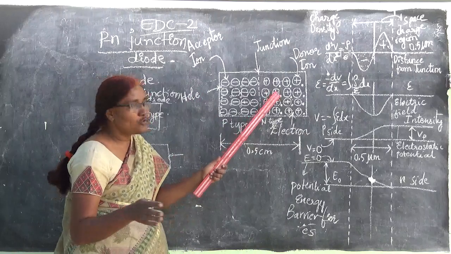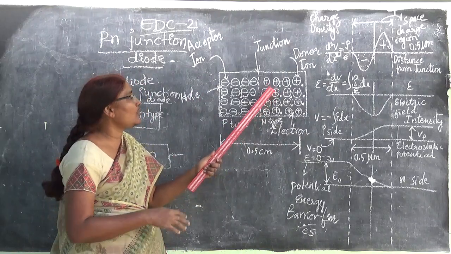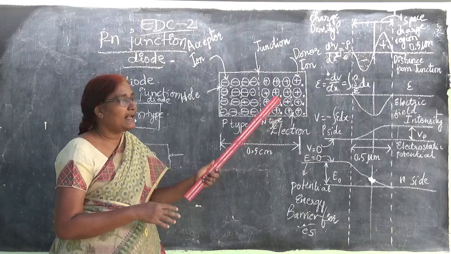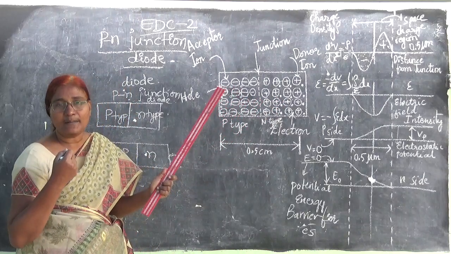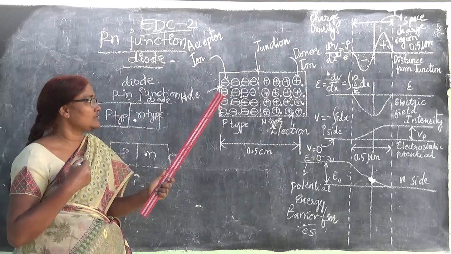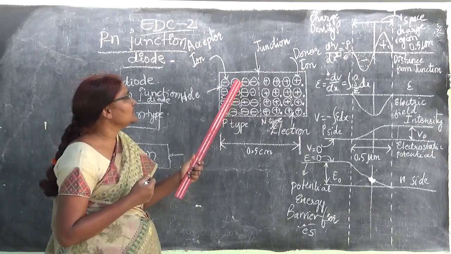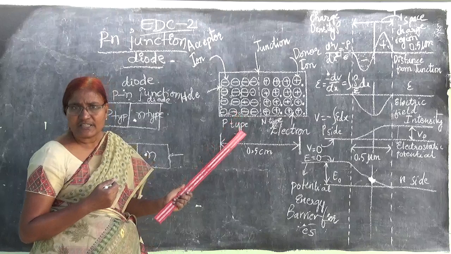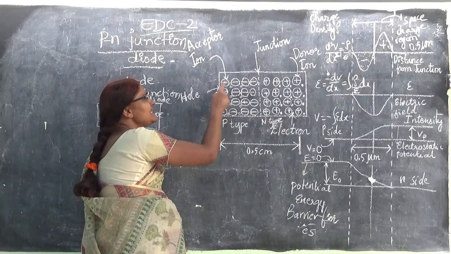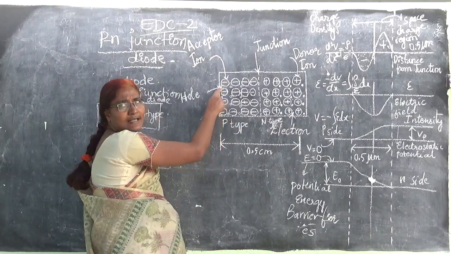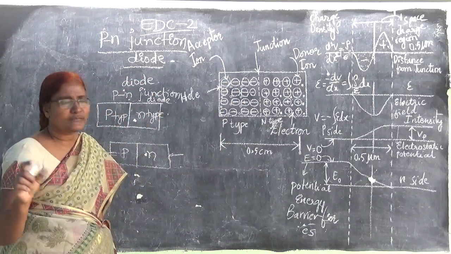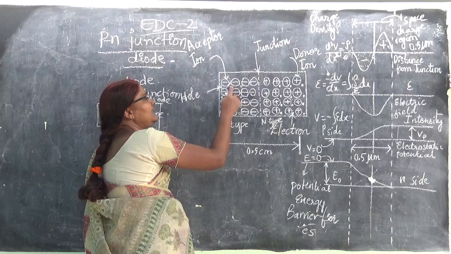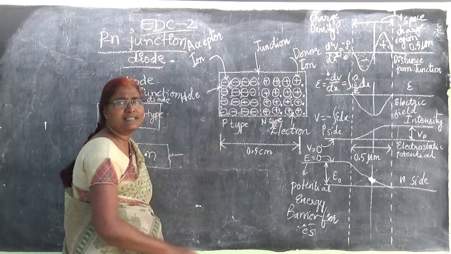They will liberate all the electrons here, and here also they are ready to accept the holes, sorry, electrons. So these are represented with this representation. That means this is an ion, and a hole is here. Combinedly it is an atom.